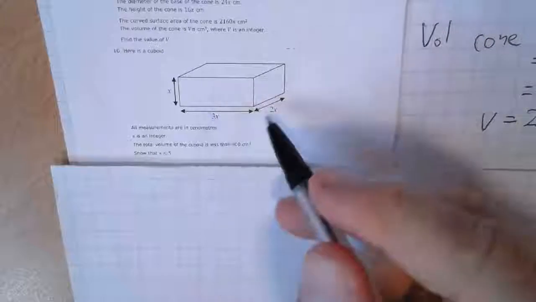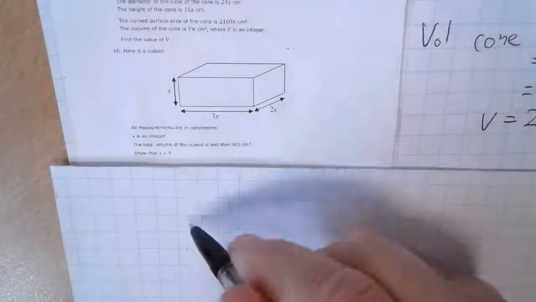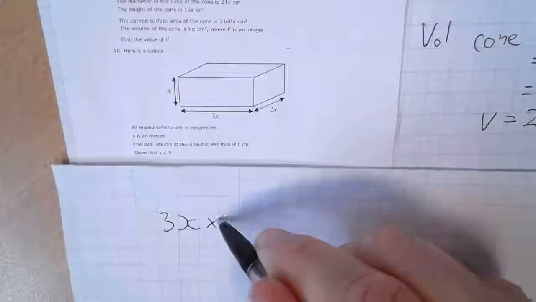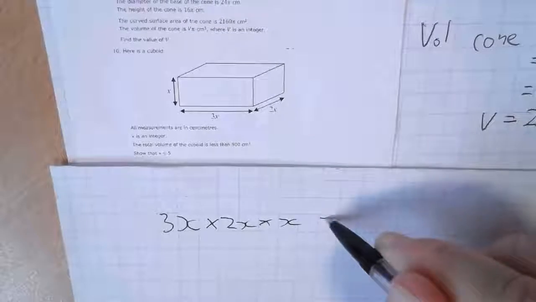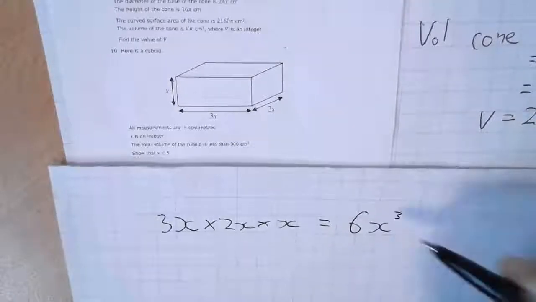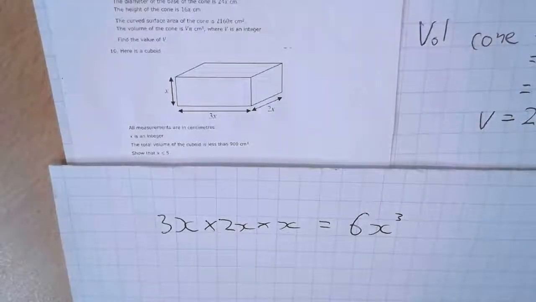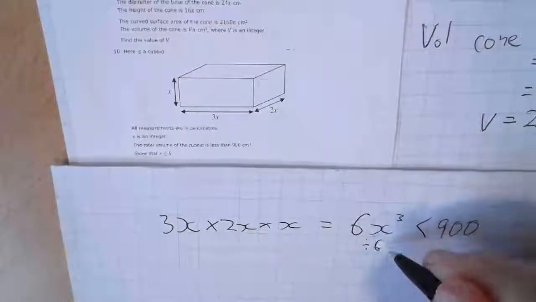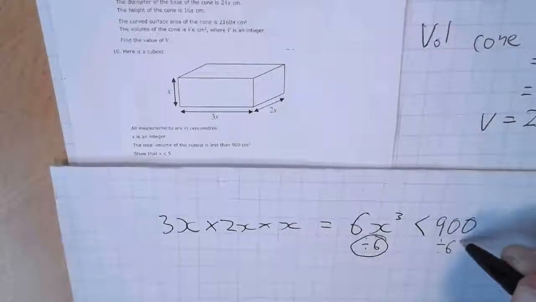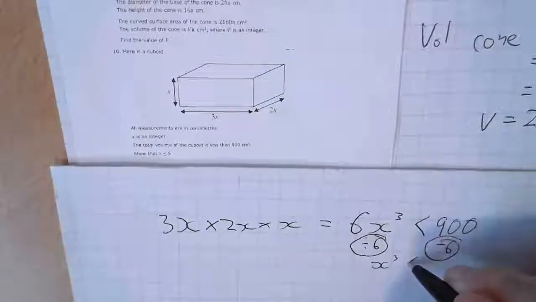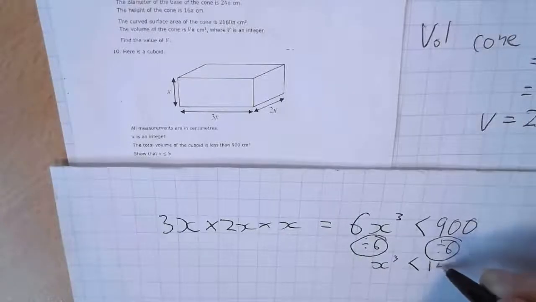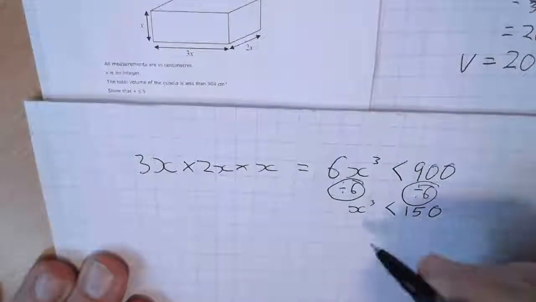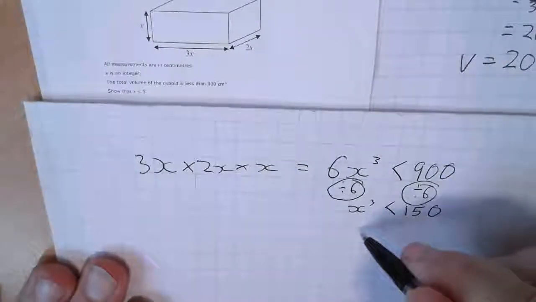So I've got a prism here, and it's a cuboid, so I've got 3x times 2x times x gives me 6x cubed, and 6x cubed is less than 900. Divide both sides by 6, gives me x cubed is less than 150. If x cubed is less than 150, let's take the cube root.